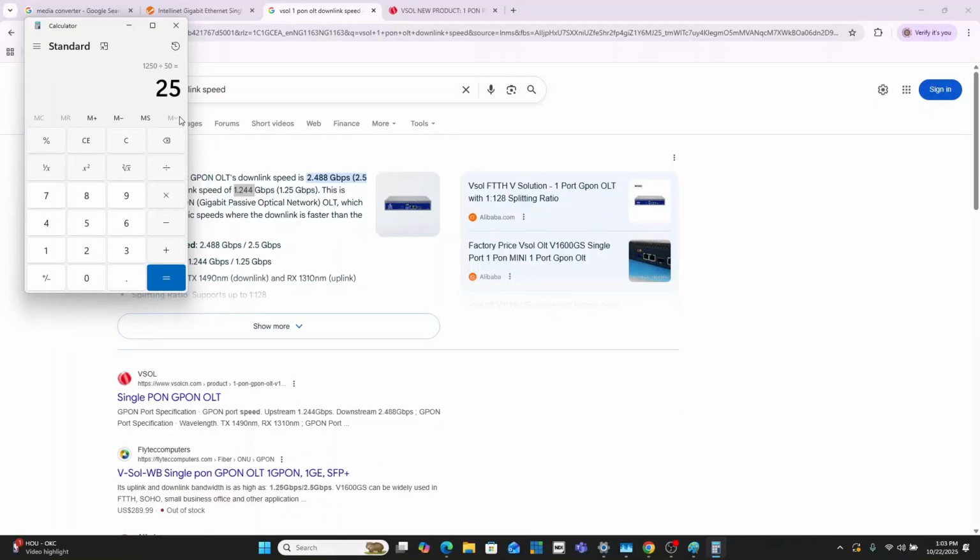You see that each customer can upload at a maximum speed of what? 25. So with this, it's obviously clear that those 50 customers are sharing the speed of that single what? Port. Is it making sense?